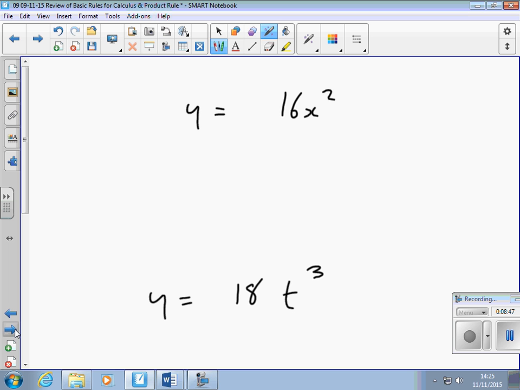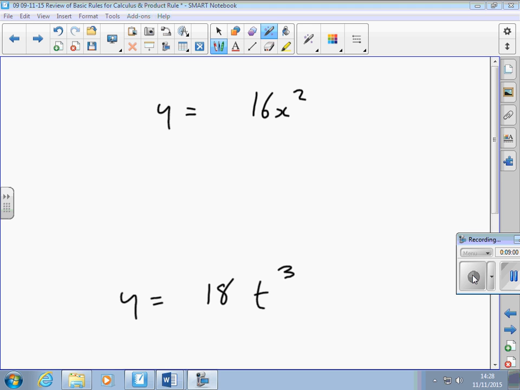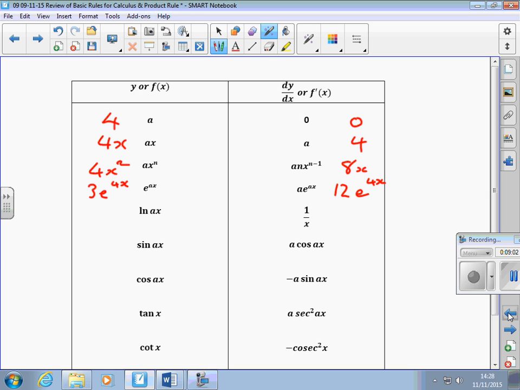So if I want to differentiate a function like y equals 16x squared, what will be the differential using that table? So this first one, well, the rule I'm going to apply is this third one down, the general one that we use. What does it say? Bring the power down, times it by the number in front, take one off the power.